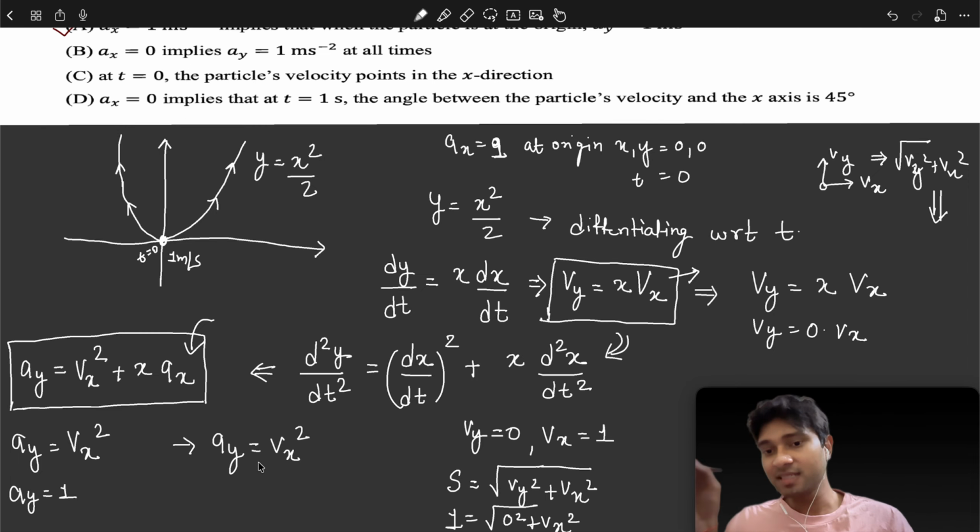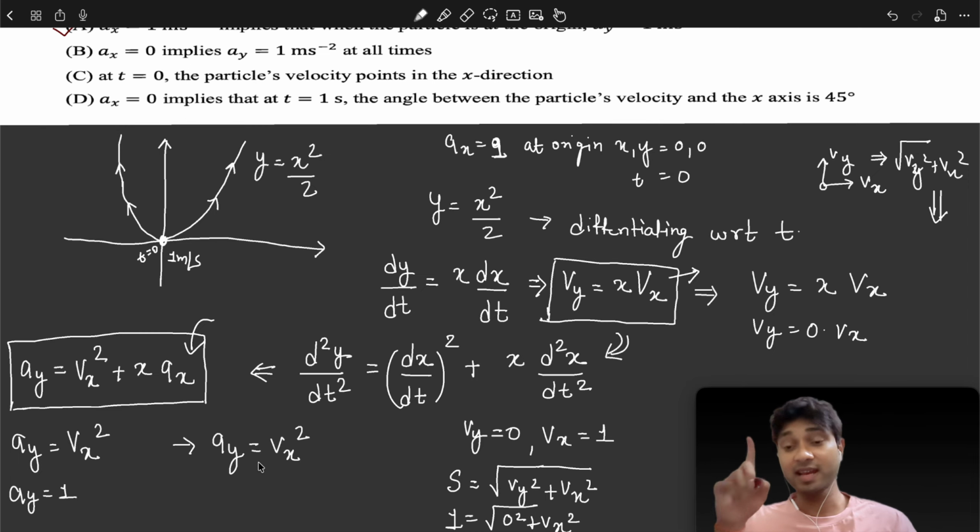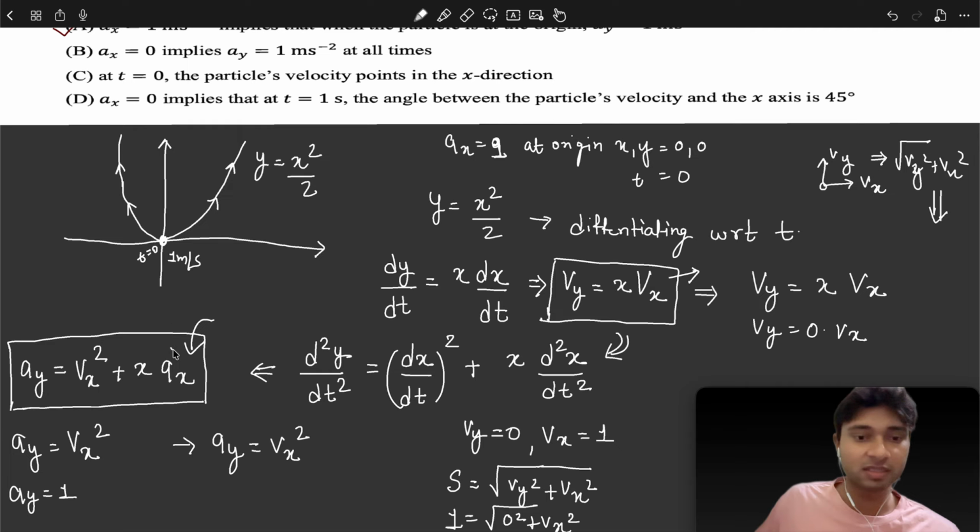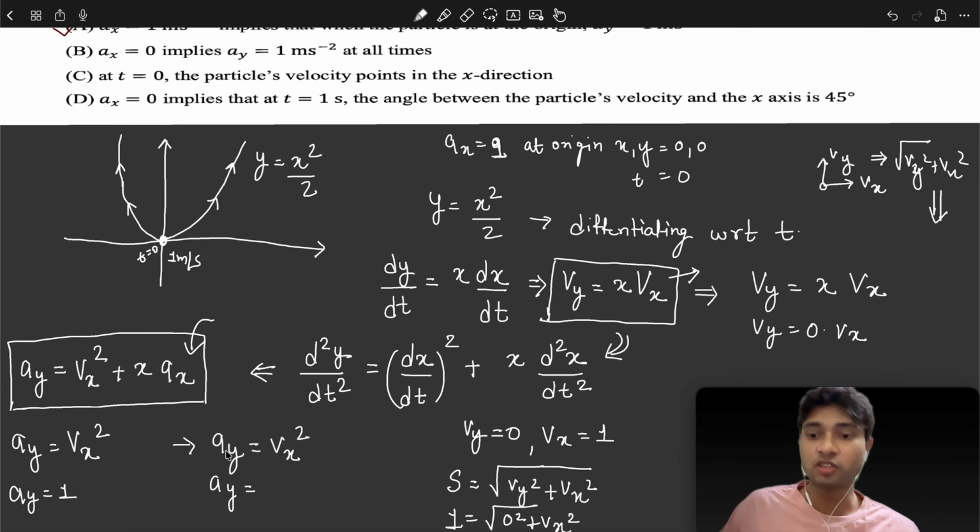Since Ax is 0, what does it indicate? Velocity in the x direction will always remain constant. So if Ax is 0, Ay is nothing but Vx square, and we know what Vx is. Vx will be 1 again.